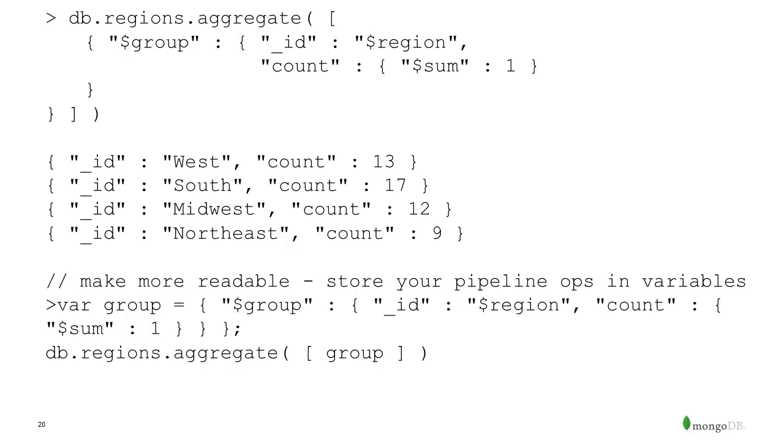Okay, so using underscore ID for $group, while it's called the same thing, it is different than the underscore ID in a regular collection. Underscore ID in a regular collection is essentially a primary key. It needs to be unique across the collection.